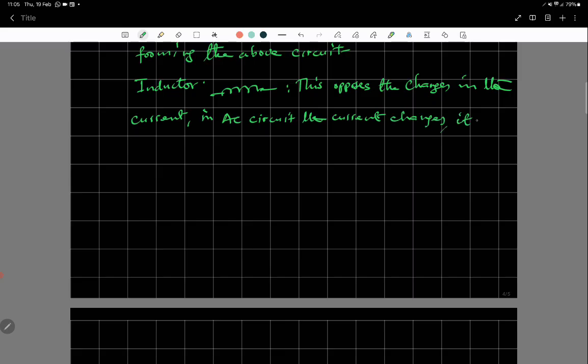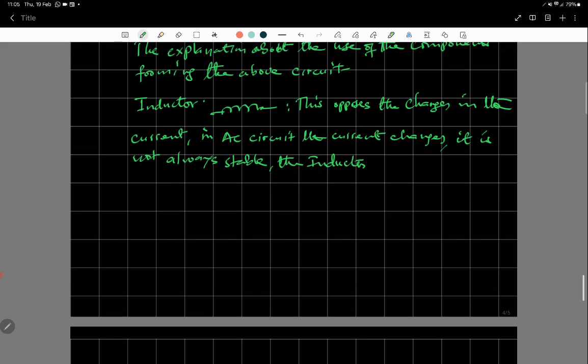That means it is not always stable. So the inductor presents an impedance, that is, opposition to current flow.